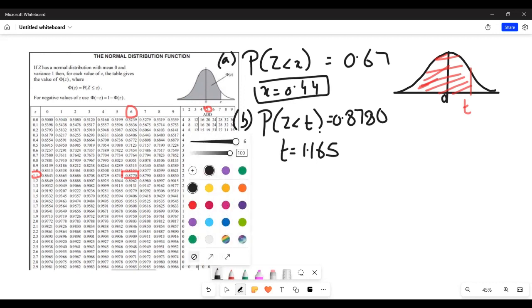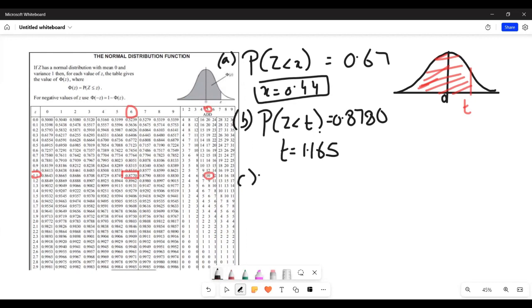Part C. That is probability Z is less than U equals 0.9842.